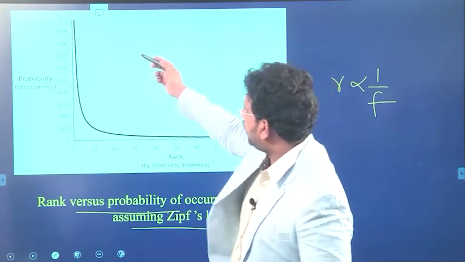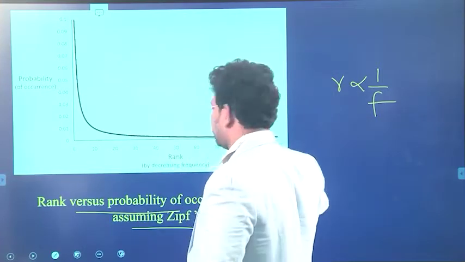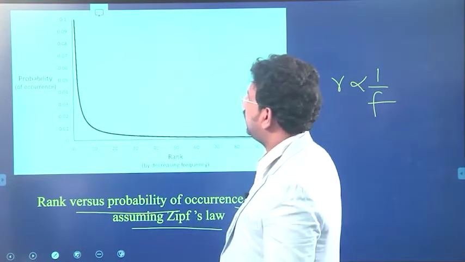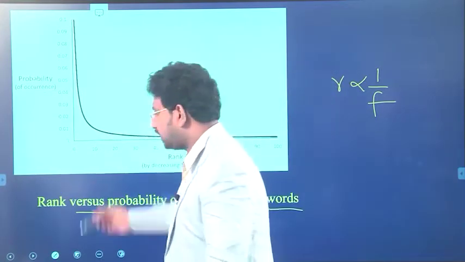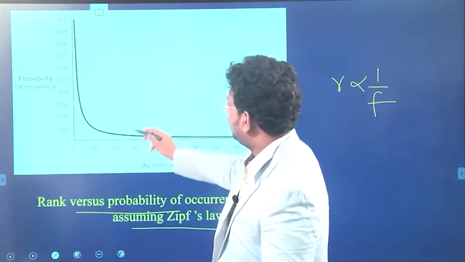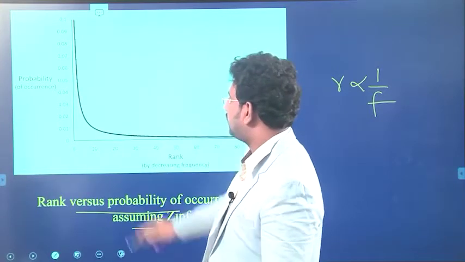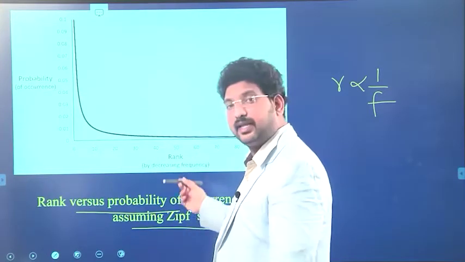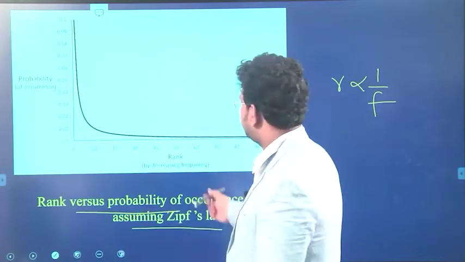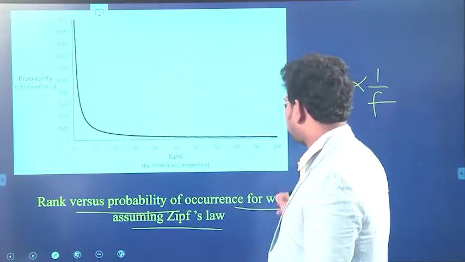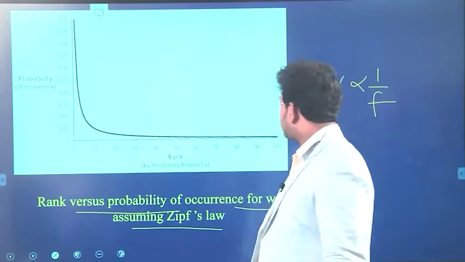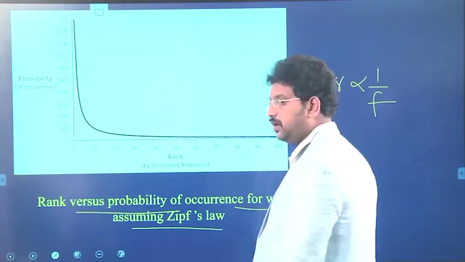If you observe this diagram, you can identify this: when the probability of occurrence is more, the rank is less, and obviously whenever the probability of occurrence is less, the rank increases. So this hyperbolic curve represents rank versus probability of occurrence for the words. This is the fundamental you have to remember.